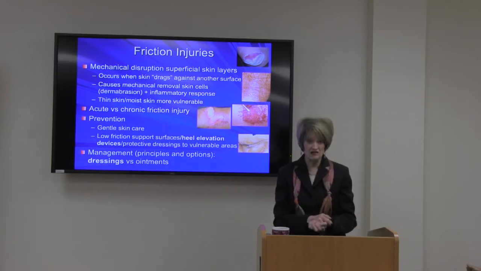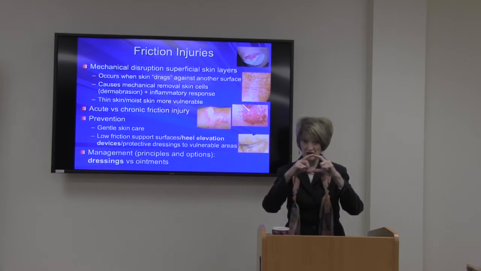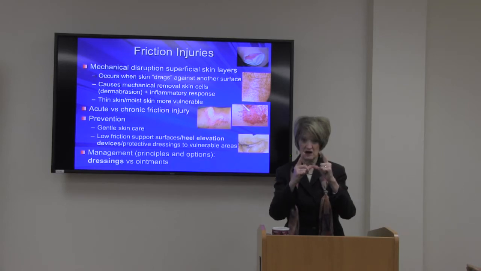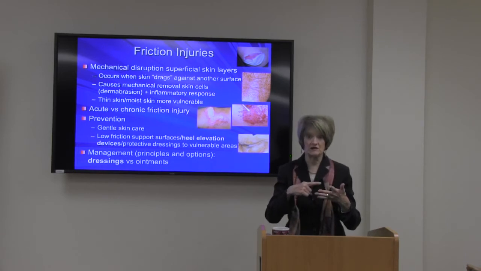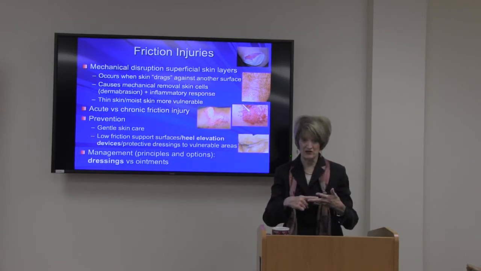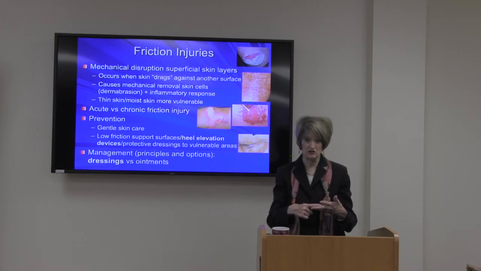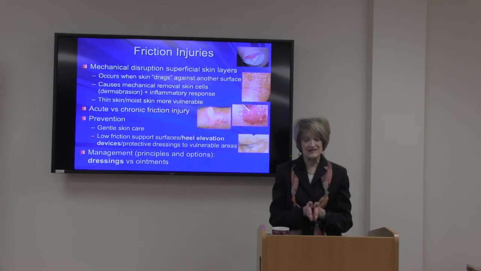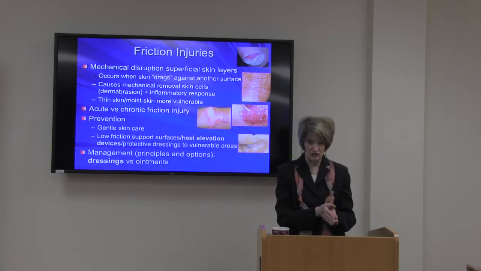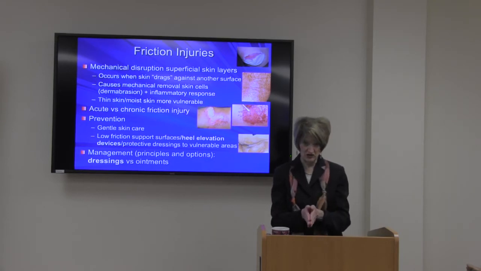Moist skin is also more vulnerable because when the skin cells are overhydrated, they literally swell, and it takes very little external force to cause a disruption in the cell membrane. So your elderly patients, your infants, your patients who have macerated skin, all of those individuals, much higher risk for friction damage. There's a difference in acute friction injuries and chronic friction injuries.